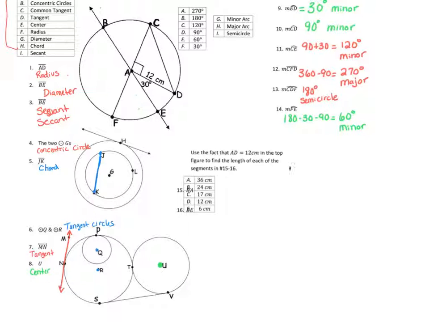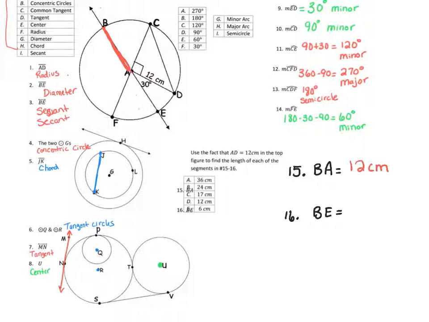All right, for some reason, 15 and 16 kind of got jumbled over on the side. So if we want to rewrite 15, it says BA, and 16, it says BE. Okay, and we're still looking at that first circle up at the top. So I'm going to highlight BA, and we want to find that distance. So if we look at our circle, it says 12 is the radius.